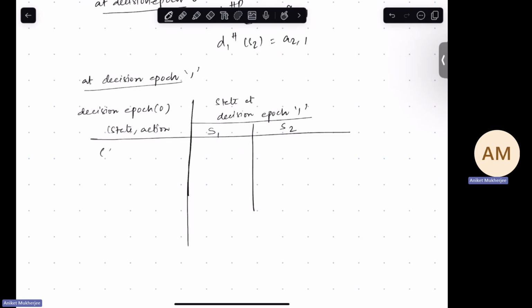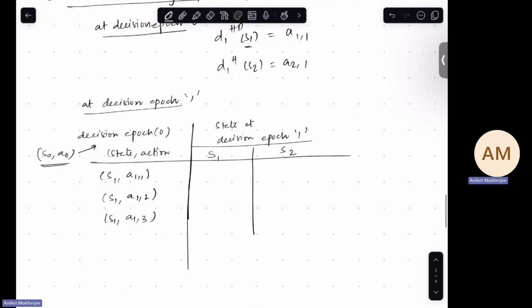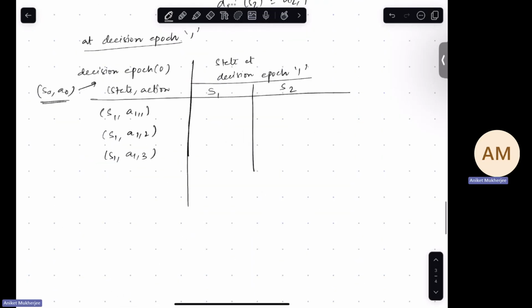So suppose your S0, A0, this pair is what you are writing down here, is S1 and A11. So what this means is you were at state S1 and you have taken the action A11 in the previous epoch. You could also be at state S1, take A12. You could also be at S1 and take A13. Oh, I didn't have a transition diagram. Okay, that's good.